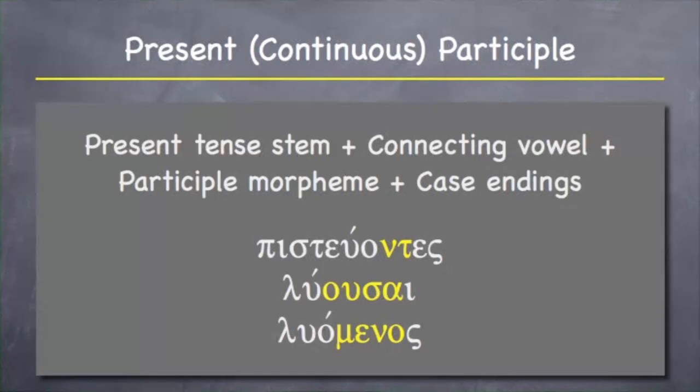The nt is one of the participle morphemes. That's the present active participle. Usa is actually what happens to nt when it goes into the feminine. We'll talk about that in a bit. Luusai is a present active participle, in this case feminine. And then luomenas, the men, is your middle passive participle morpheme. So this is a present middle passive participle.